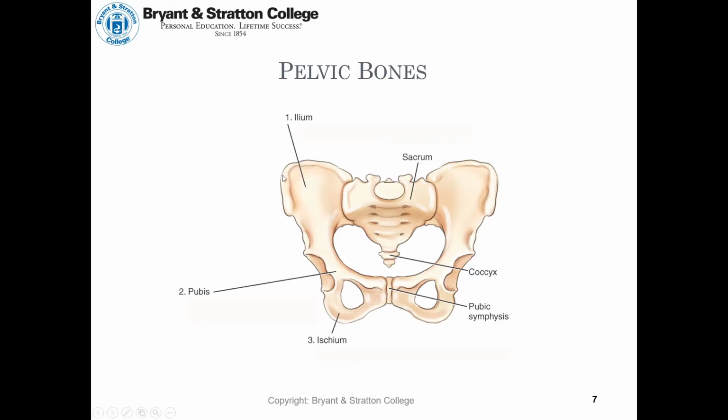The ilium has a very nice prominent feature. If you look at this very lateral component, you'll notice that there's a part that sticks out here. This is called the, and stick with me, the anterior superior iliac spine.